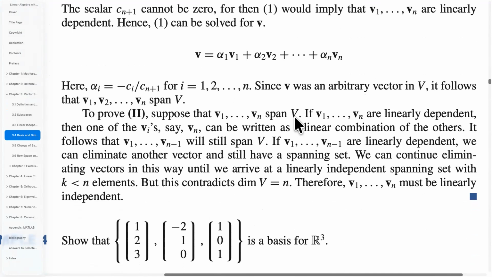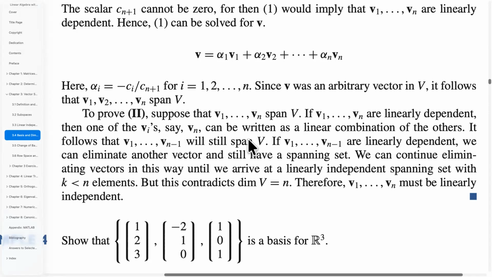If V1 to Vn are linearly dependent, then one of the Vi's, without loss of generality say the last one (if it's not the last one, we just change the index), Vn can be written as a linear combination of the others.